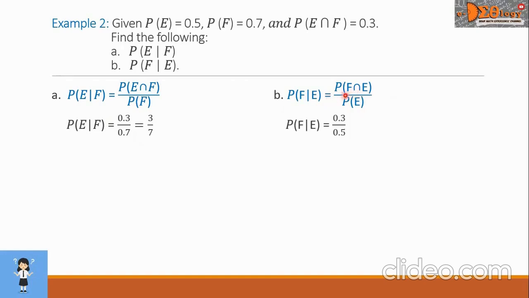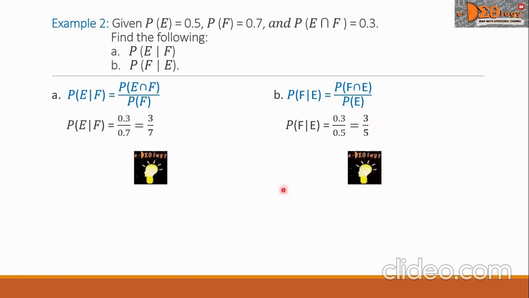This P of F intersect E is just the same with our P of E intersect F. So we will use this value 0.3 here over the P of E, that is the 0.5. Let us simplify this. This is the same with 3 over 5. These are our final answers.